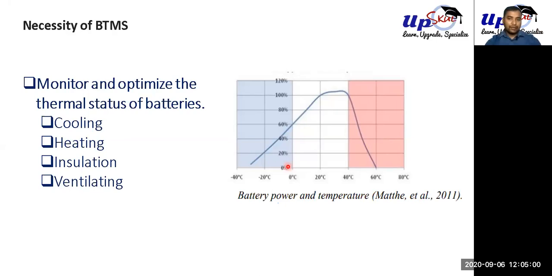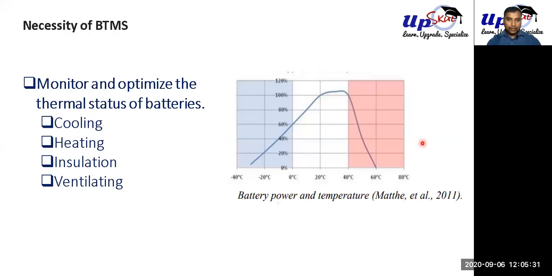From 20 to 40 degrees centigrade, it can provide 100 or more than 100% of the power, so the discharge rate is higher than its normal rated discharge rate. But after 40 it drops drastically. Similarly, after 20 it slowly drops, and on the negative side it also has a drastic drop zone.